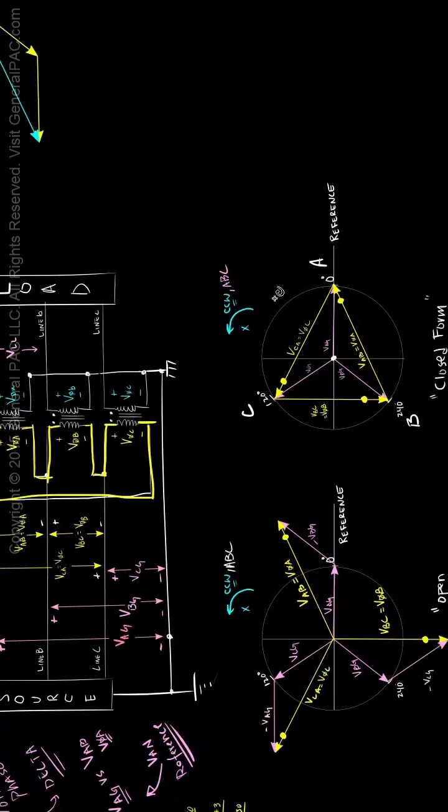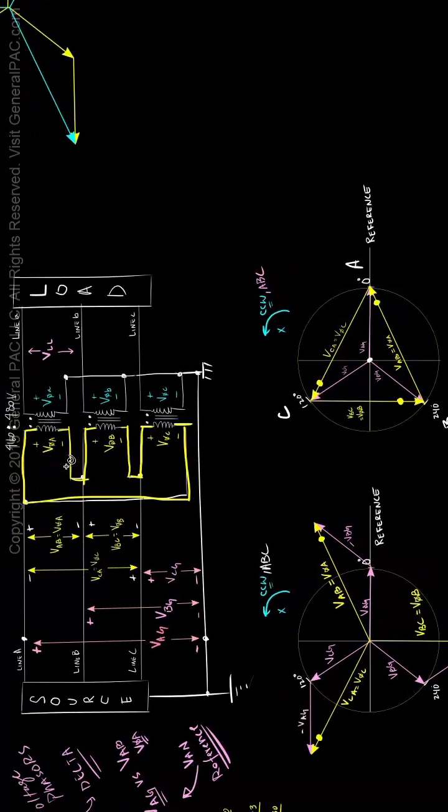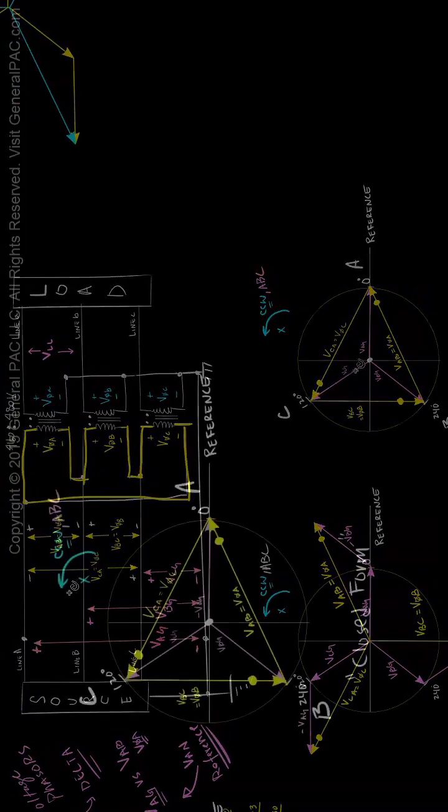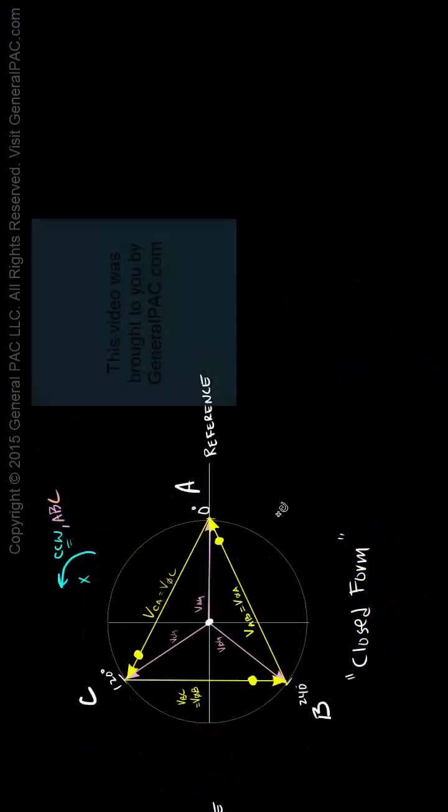So this closed form phasor diagram represents how the transformer is physically connected, and that's the most important thing that it tells us.